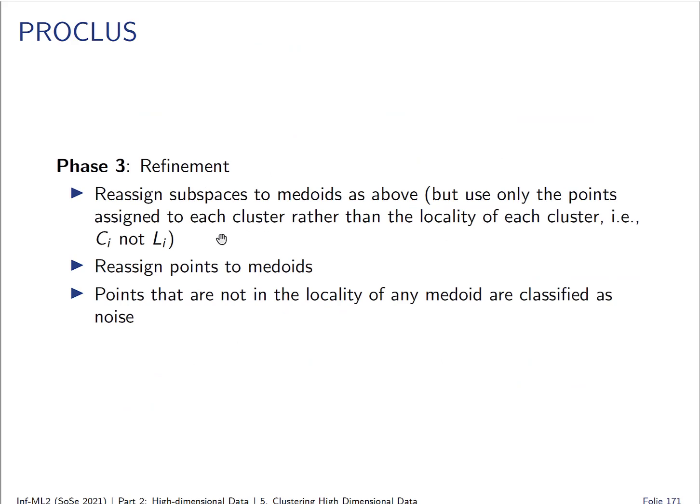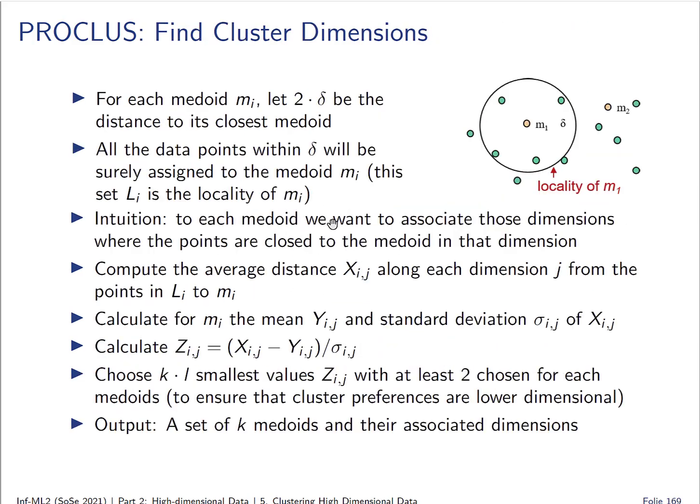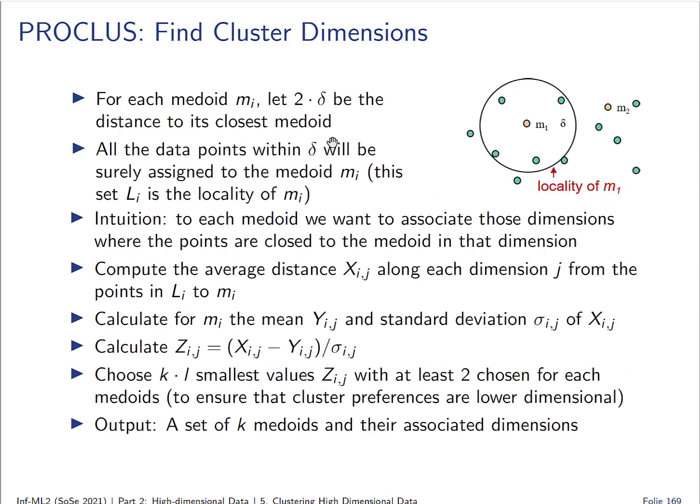So we reassign subspaces to medoids as above with this procedure, but now we only use those points assigned to each cluster rather than the locality of each cluster. So only in the last phase, the locality, and that is the locality assumption here, is computed in the entire feature space.